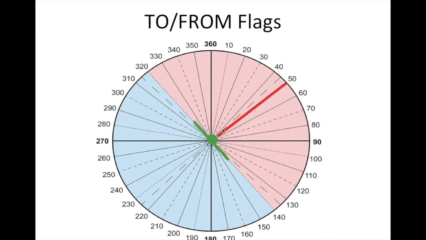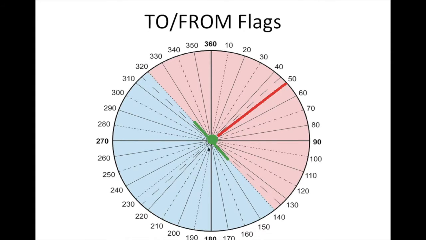If you're choosing this radial, the 050, and your aircraft happens to be in the blue section, you will get a to indication in the cockpit on your VOR receiver. So the blue would be a to, and the pink would be a from if you selected the 050. So for the radial that you select, plus or minus 90 degrees, if your aircraft is anywhere in that area, you get a from indication, and you get a to indication if you're in the blue area.